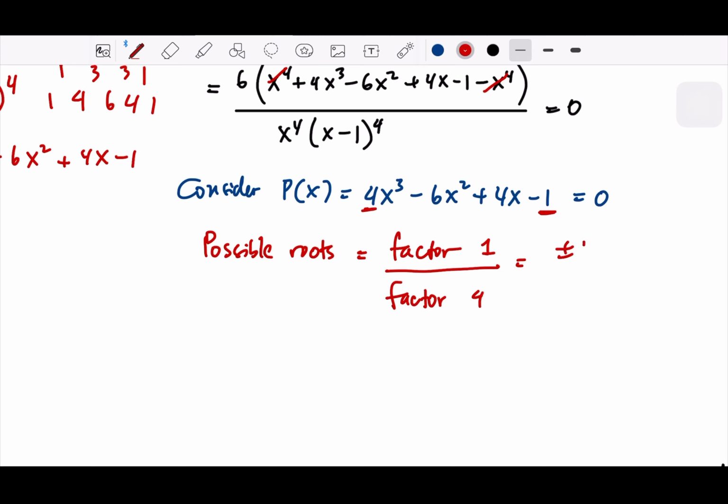This is plus minus 1, and then plus minus 1, plus minus 2, plus minus 4. So the possible roots are plus minus 1, plus minus half, plus minus 1 over 4. So only 3 kinds of root that we need to check.